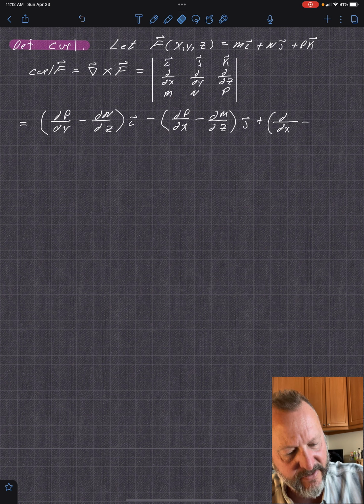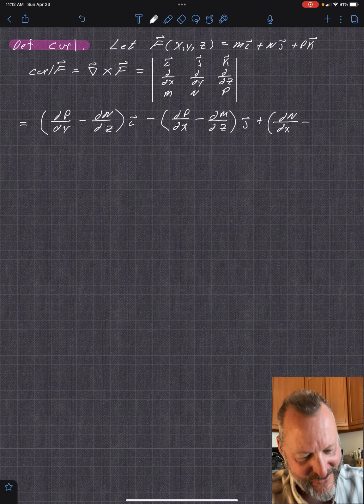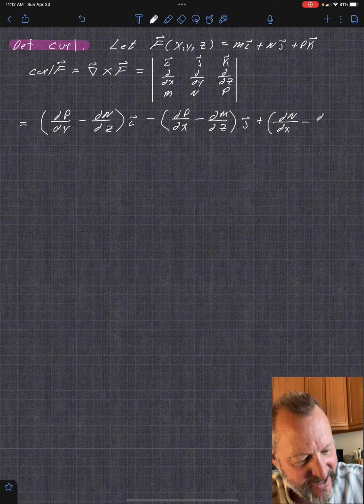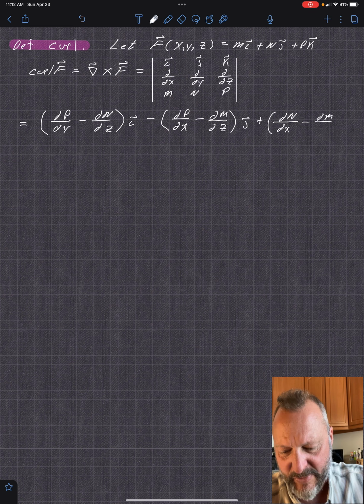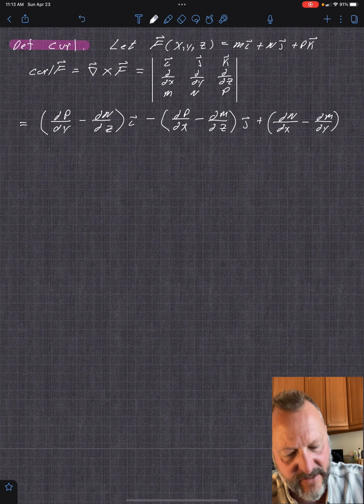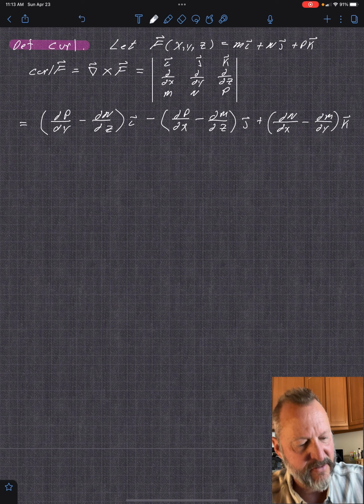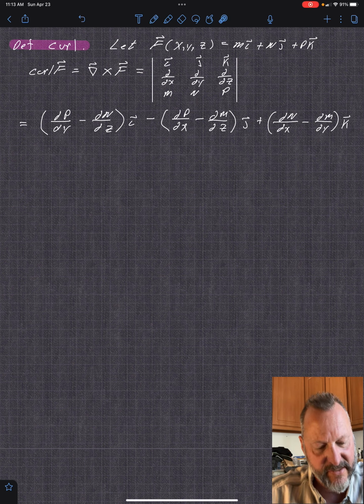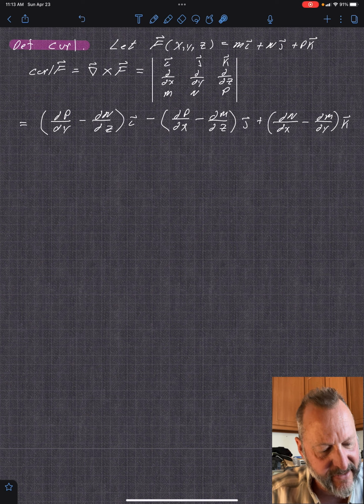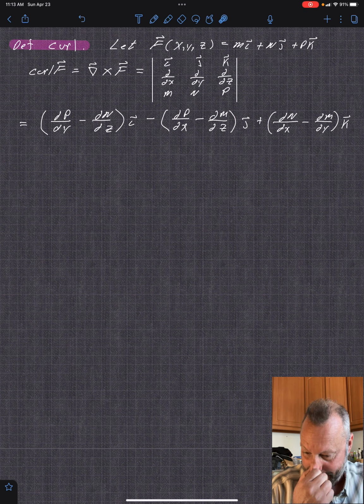That's N right there. I'm just copying, I'm not going through it. And then partial M with respect to y, k. So you can do that determinant yourself and see that that's, of course, what it is.